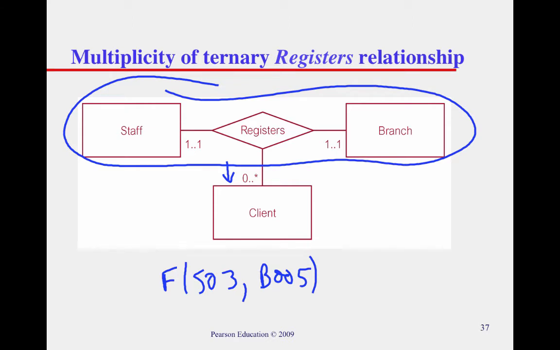Pardon? No, client is a strong entity. Client's a physical person. Remember I said strong entities, for sure, anything that has a physical presence is going to be a strong entity.